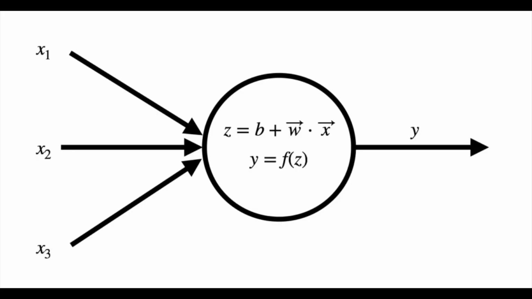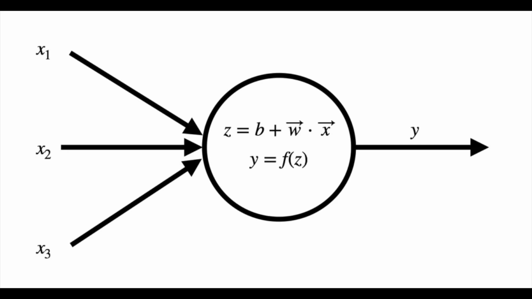What we have is a set of inputs, indicated here in this figure as x1, x2, and x3. This particular neuron has just 3 inputs, and these are then sent into the individual neuron. The neuron computes a linear relationship between the inputs, and that linear relationship is given by Z. Z is equal to B, which is a bias term, plus the dot product between the weights and the inputs that have been received.